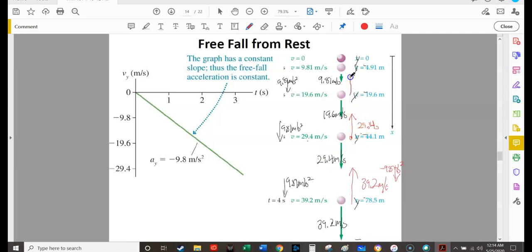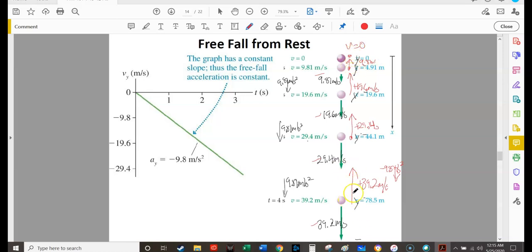And at this point, it'd be traveling at the same speed, 19.6 meters per second, but directed upwards. These are downwards. And then at this point, it'd be traveling upwards at 9.8 meters per second. And then at this point, it would come to a stop.